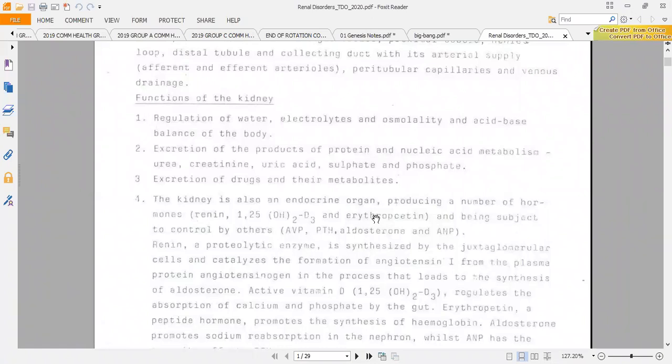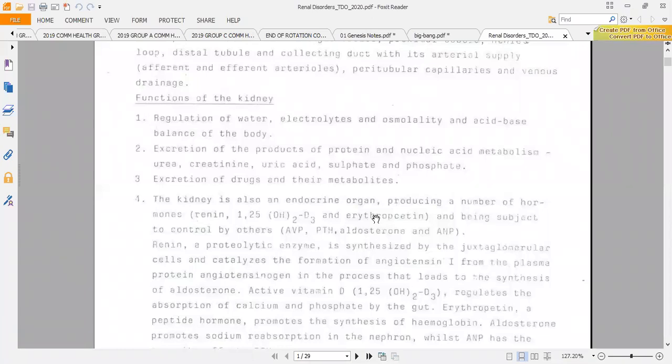We looked at all those parts. So that's a very important function of the kidney. Then the second function of the kidney is for excretion of waste products. Most of the waste products are excreted by the kidneys, and also for excretion of drugs and their metabolites.